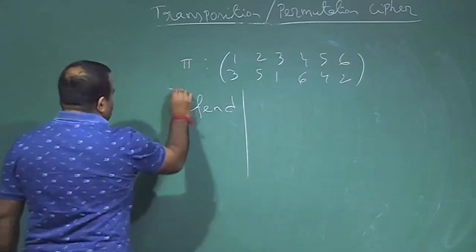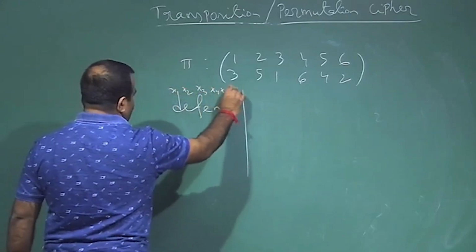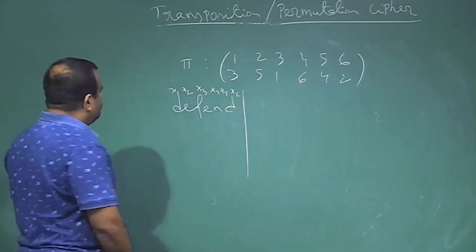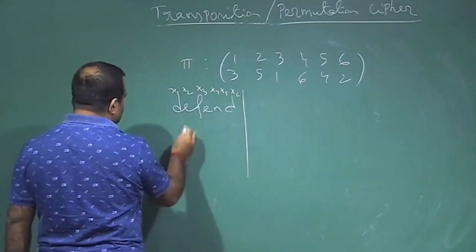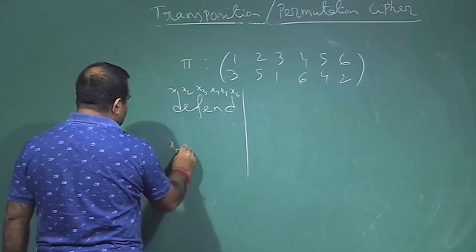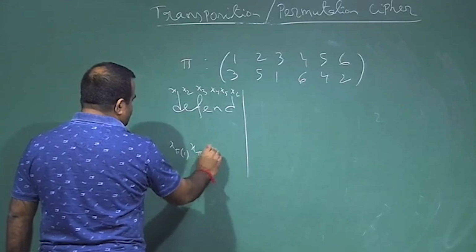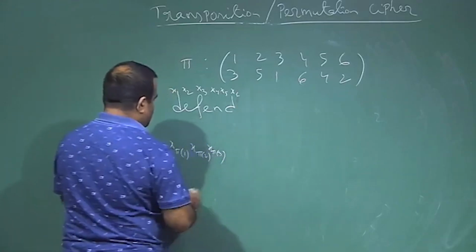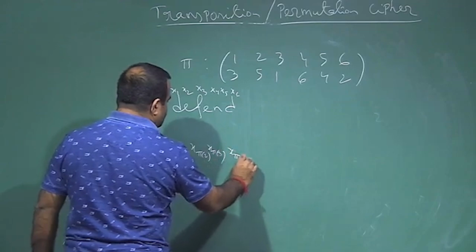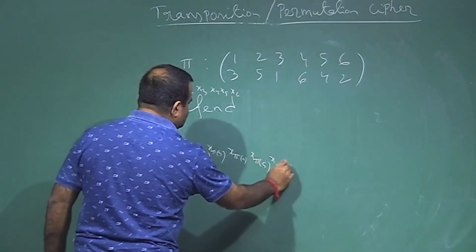So, this is x1, x2, x3, x4, x5, x6. This will go to x phi 1, x phi 2, x phi 3, x phi 4, x phi 5, x phi 6.